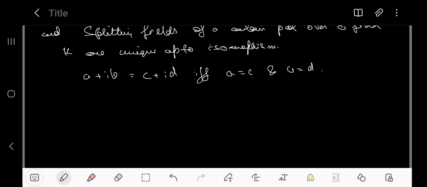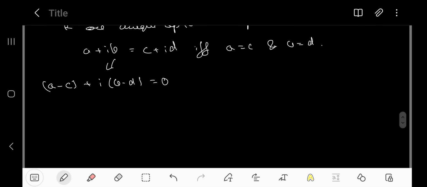Now why does this happen? This simply happens because 1 and i, this set, forms a basis, right? So it is a linearly independent set. Since it is a linearly independent set, from this we have that (a minus c) plus i times (b minus d) equals 0. With it being a linearly independent set, a minus c and b minus d must be equal to 0. So a must be equal to c and b must be equal to d, and the converse holds trivially, right? Clear? Got it?